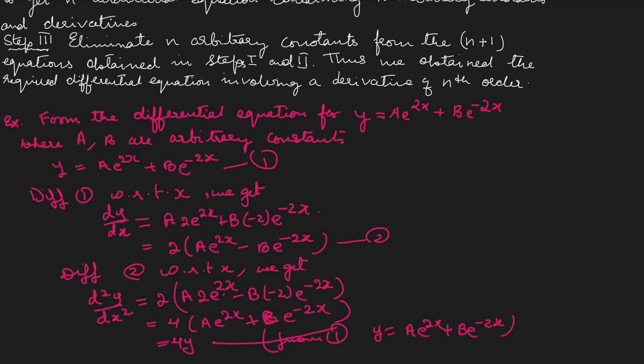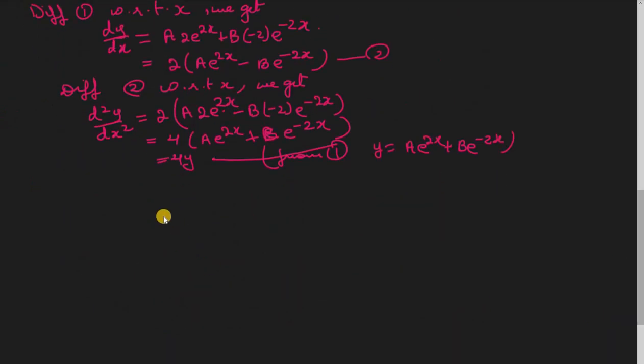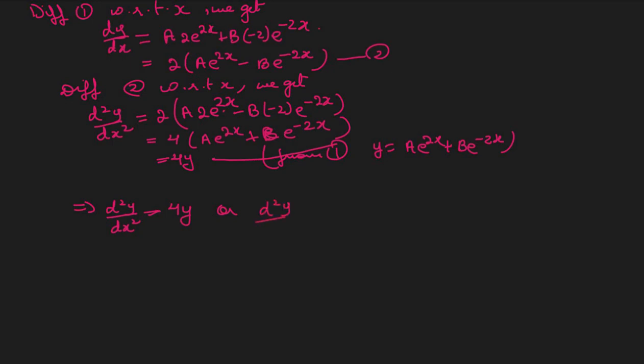So therefore, this implies that d2y/dx2 is equal to 4y, or you can write d2y/dx2 minus 4y is equal to 0, is the required differential equation.